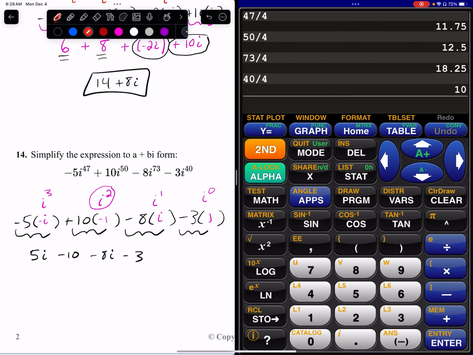And then here we are at combining like terms. So negative 10 and then negative 3 is negative 13. And then I've got 5i, and then I've got minus 8i, and we've got minus 3i. And then we are done. Okay? So it's important. Use your calculator. I used my calculator for this entire part right here.